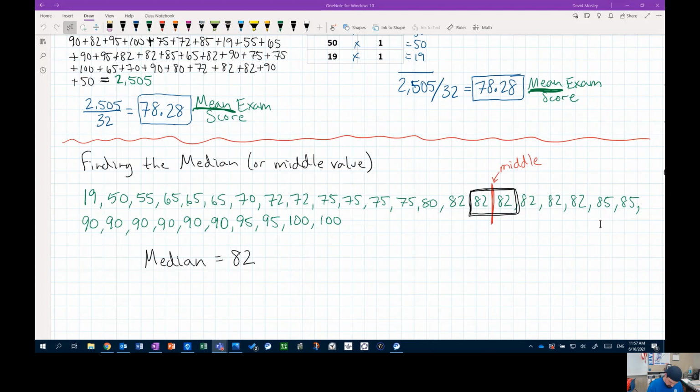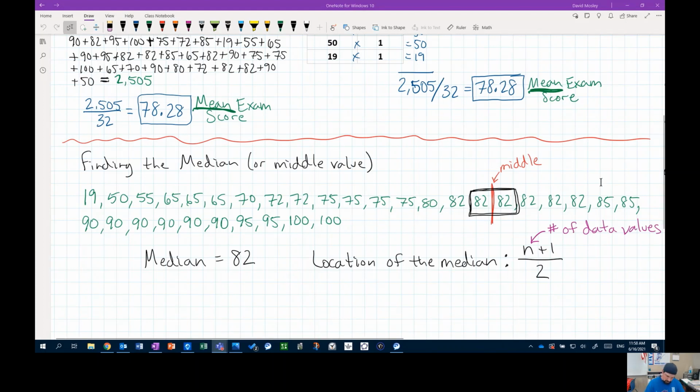The location of the median will be at n plus 1 divided by 2, where n is just the number of data values that I have.